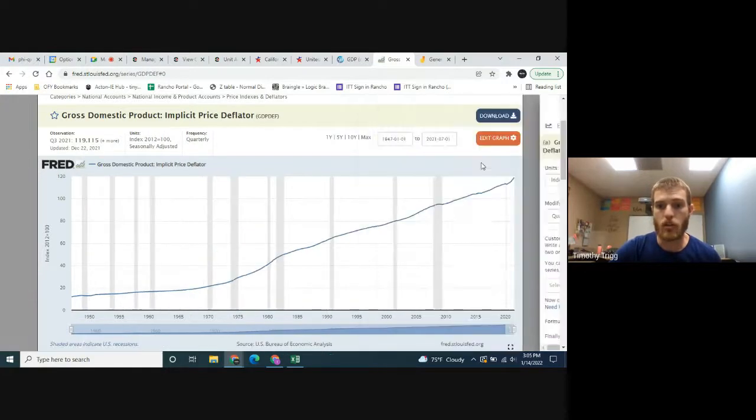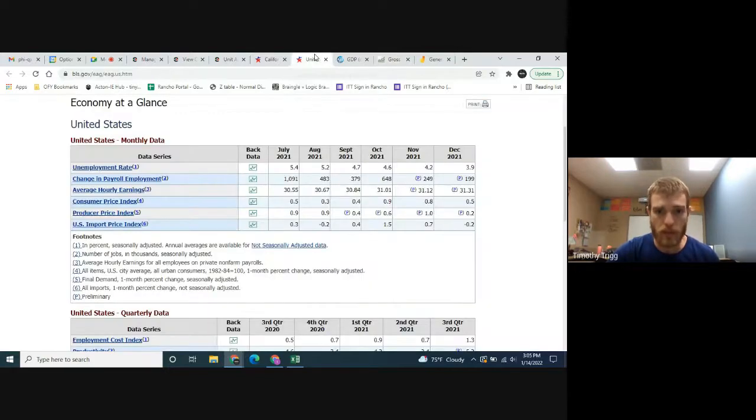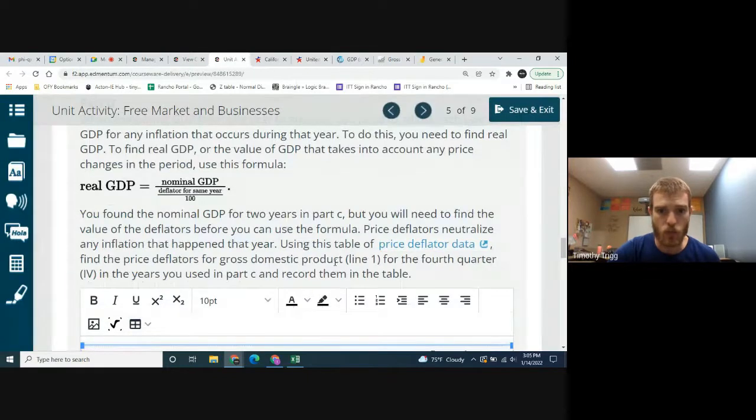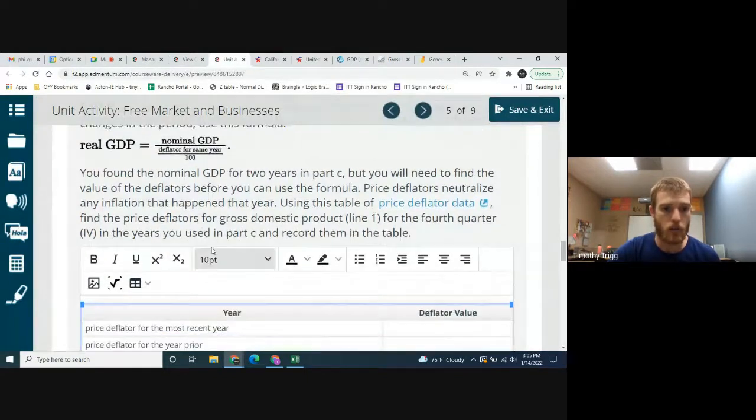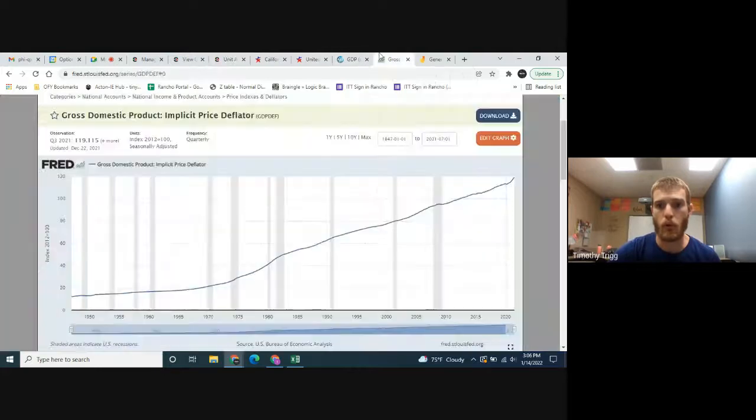It should be already, but when you scroll over this curve here, you can see where the data says Q4, Q1, Q2, Q3, Q4, like that. And we want to use quarter 4 for this question, right? Because it says use the fourth quarter in the years used for part C. So again, we're using 2020 and 2019. So in 2020 and 2019, we want to look for the price deflators in the fourth quarter.